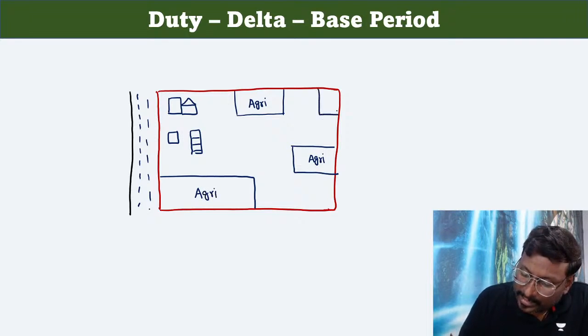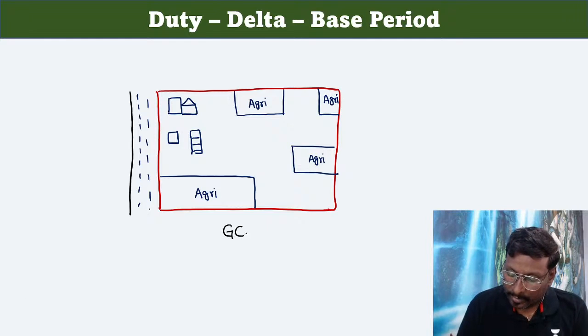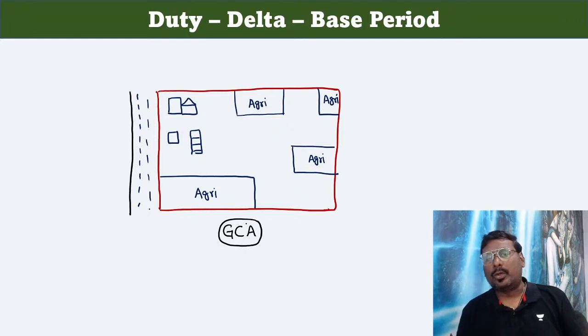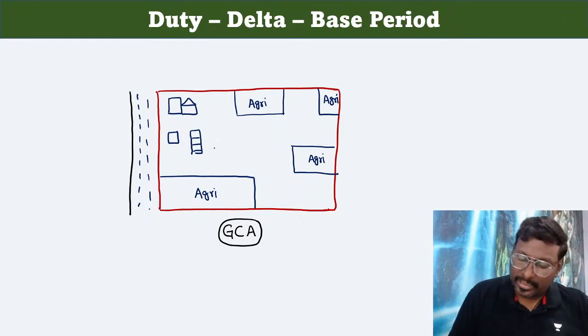So these are agricultural lands. The total box is called GCA, gross command area. In that total box, there are residential buildings.